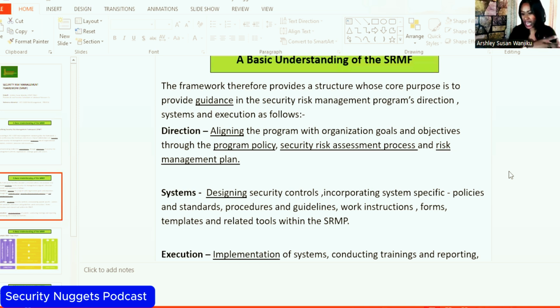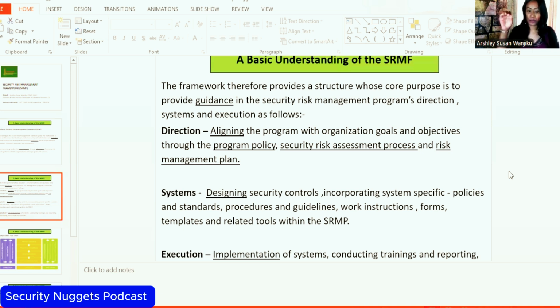One, we've got to have a system-specific policy. We already have the security risk management program policy at the top. Now, for all the security systems that you're going to propose and execute, we need to formulate their system-specific policies.